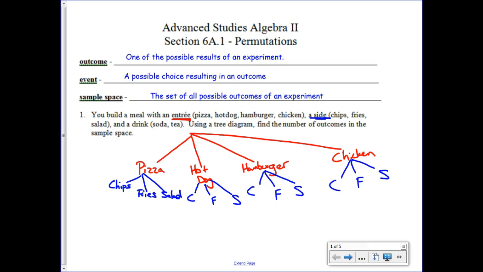Then for each of those, we need one drink. So if we choose pizza and chips, we could choose soda or tea. So soda or tea if we chose fries with our pizza, or soda or tea if we chose salad with our pizza. Same thing for each of these.